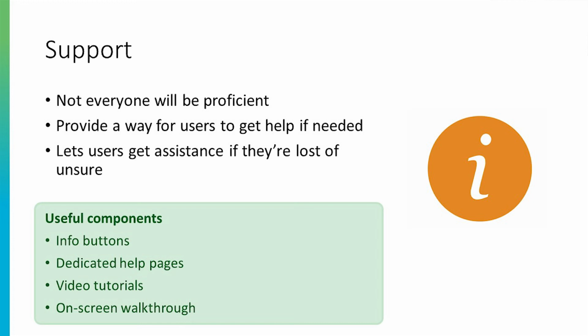All of these really add to the user experience, making sure that they feel like they are included and have a good way of using the app, and so that they can recover from mistakes that they might make, or if they get lost, really makes them feel welcomed in the app.